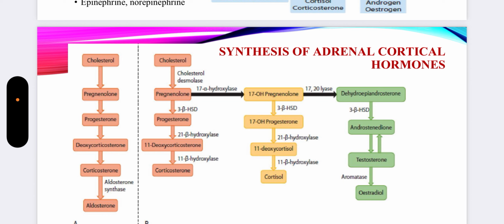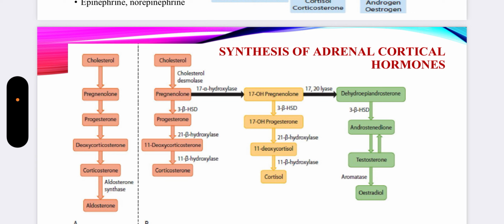Now, looking at the horizontal series of reactions, pregnenolone, which is synthesized from cholesterol, is acted upon by 17-alpha hydroxylase enzyme to form 17-hydroxypregnenolone. OH stands for hydroxy.